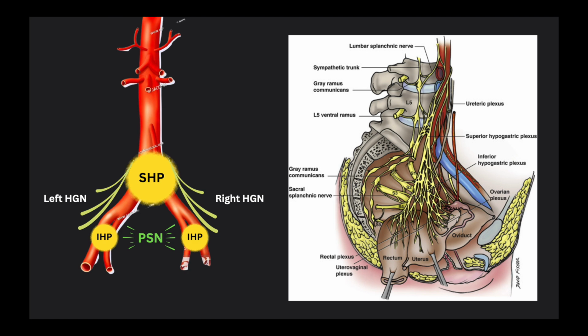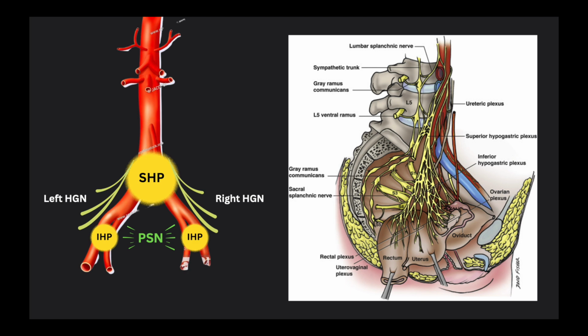Plexus means a mesh or a network of sympathetic fibers which are arising from the lumbar segment, to be exact, lower lumbar segment of the sympathetic chain, because I hope you remember that the sympathetic chain is only thoracolumbar. So lower lumbars are coming in front of the aortic bifurcation and making a complicated plexus here, and this plexus is known as superior hypogastric plexus. This plexus is entirely sympathetic fibers.